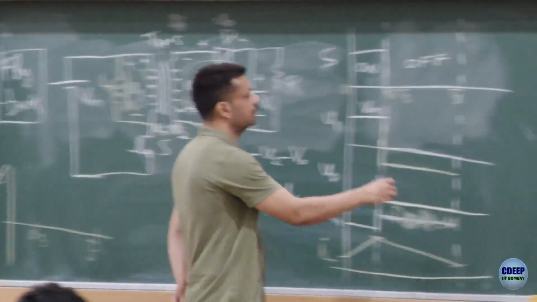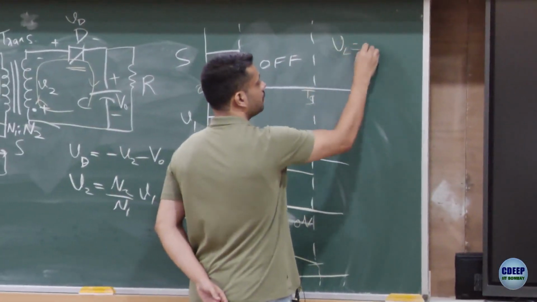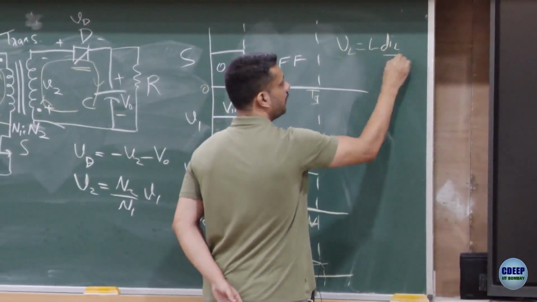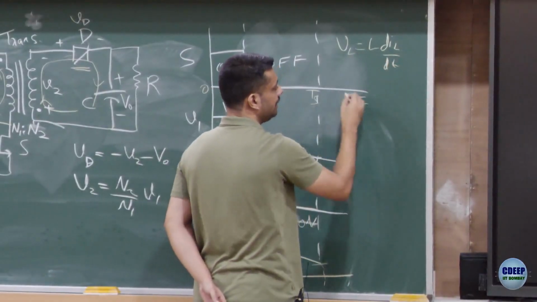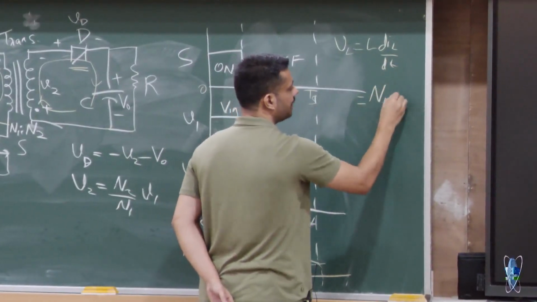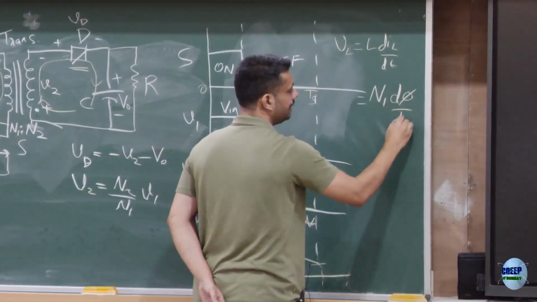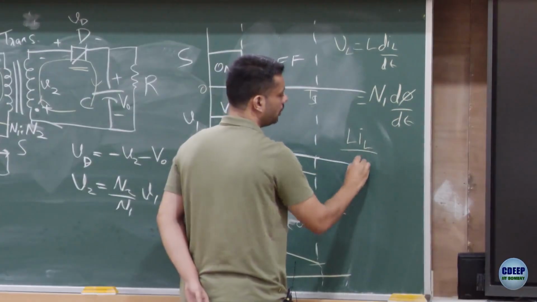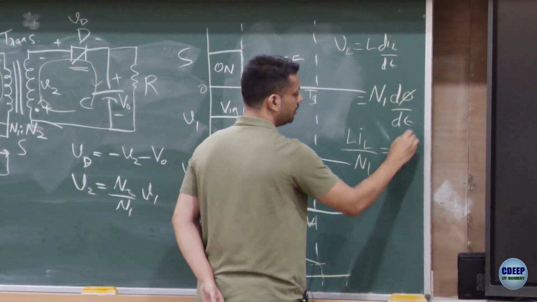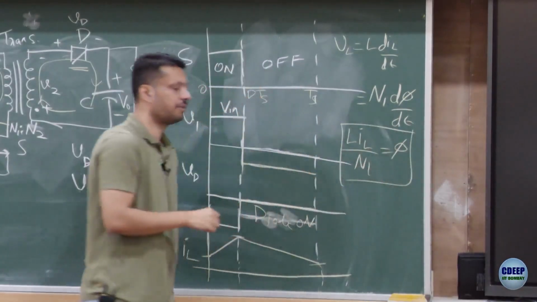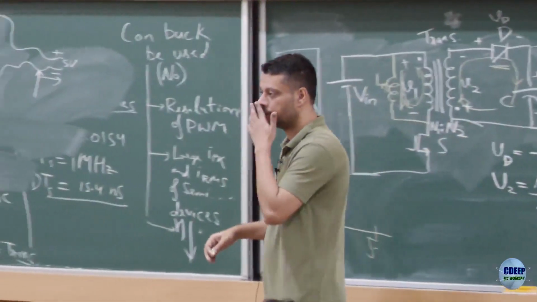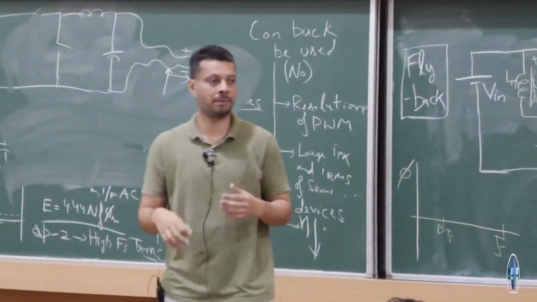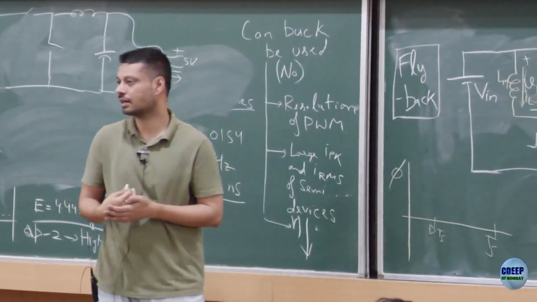Okay. So VL is equal to L dIL by dt, which is nothing but E is equal to N1 times d phi by dt, and therefore L times IL upon N1 is nothing but the flux, right? And therefore the flux would have the same shape. Of course, the magnitude would get multiplied, but the same shape as that of the current.